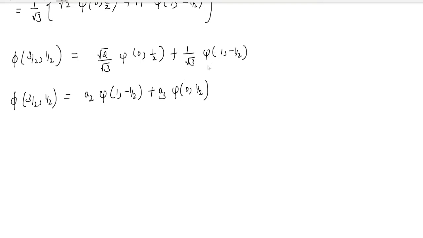So this is one state, right? This is another state, right? So the coefficient of A3 is equal to root of 2 divided by 3, and A2 is equal to 1 divided by root 3.